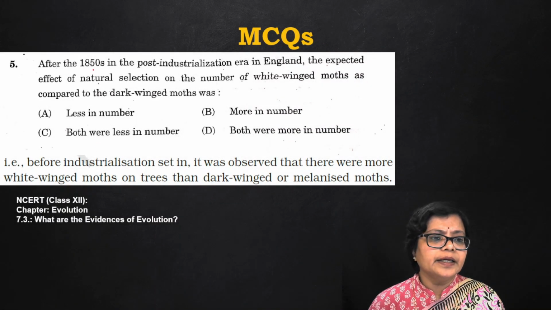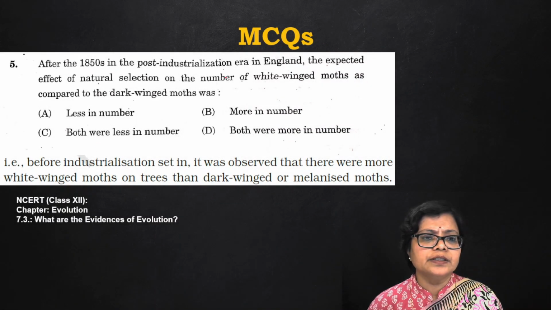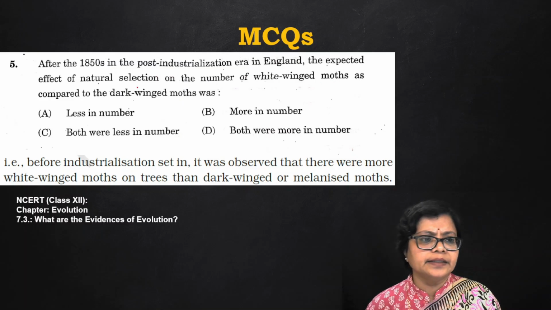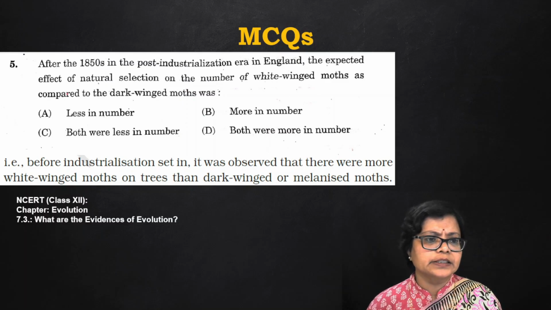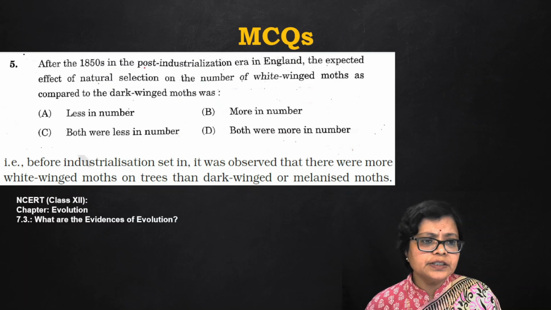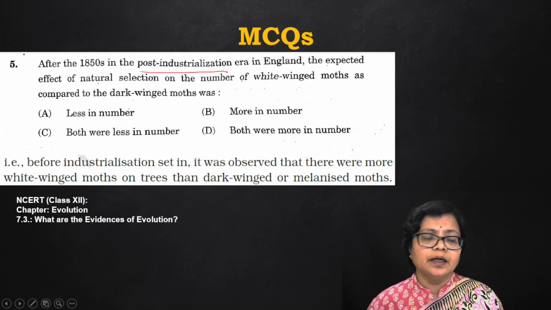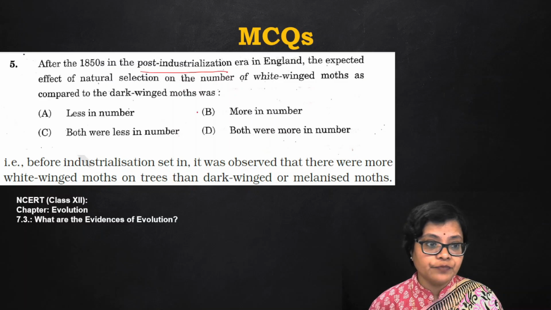After the 1850s, in the post-industrialization era in England, the expected effect of natural selection on the number of white-winged moths as compared to the dark-winged moths was... Post-industrialization means polluted. So white-winged were less.